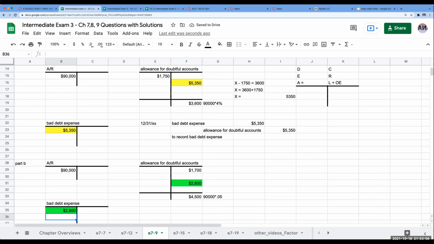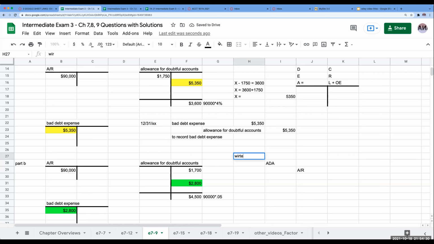When you're doing these questions for accounts receivable, follow four steps. The first step is compute the ending balance in the allowance for doubtful accounts, either based on a percentage of accounts receivable or an aging. Here it is just a percentage of accounts receivable. The second step is to handle any accounts receivable write-offs. The way we write off a receivable is we debit the allowance for doubtful accounts and credit accounts receivable.